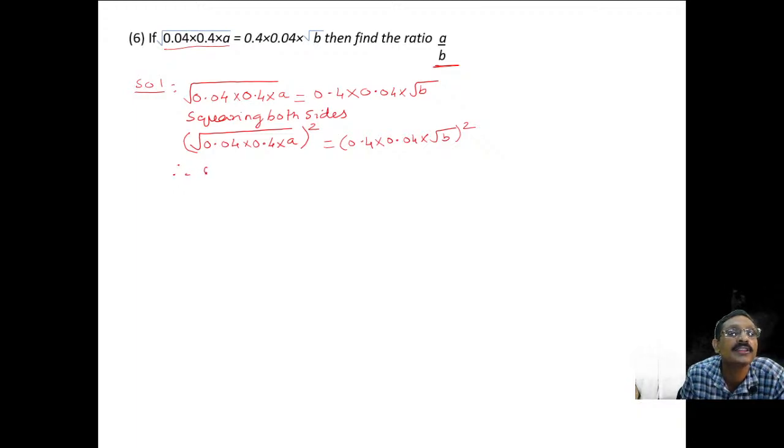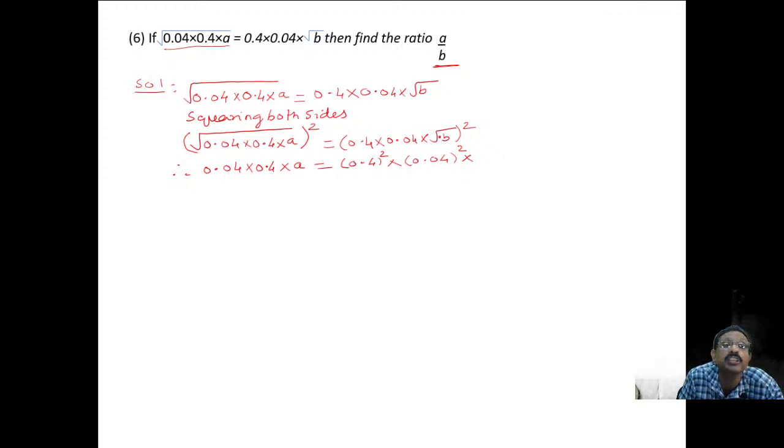Therefore, we get here 0.04 into 0.4 into a, which is equal to 0.4 into 0.4, the square of this, 0.4 square into 0.04, the square of this, into, now see, we have got root b square.